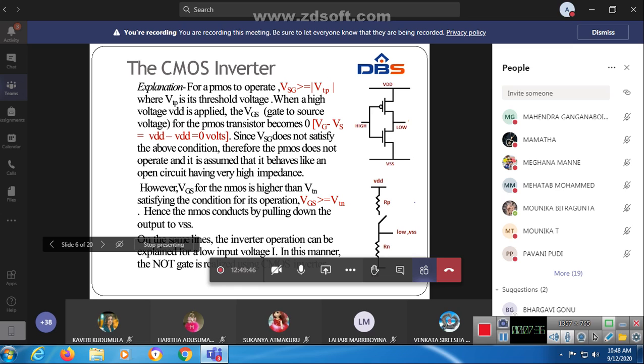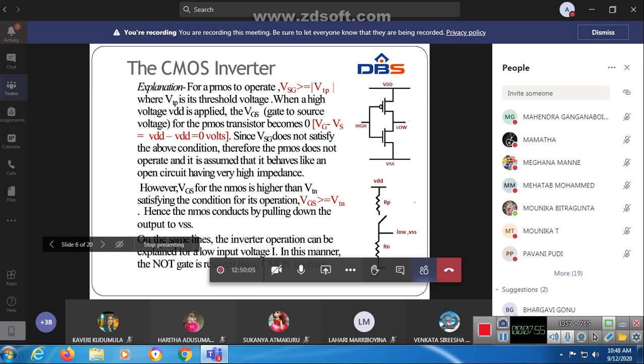So the source to gate voltage of the PMOS transistor does not satisfy the above condition, therefore the PMOS does not operate, and it is assumed to behave like an open circuit. It has very high impedance.